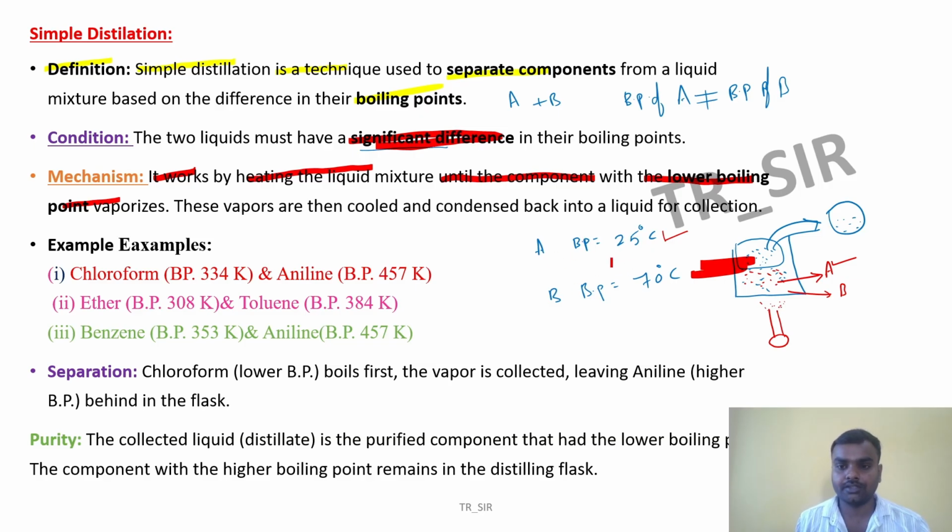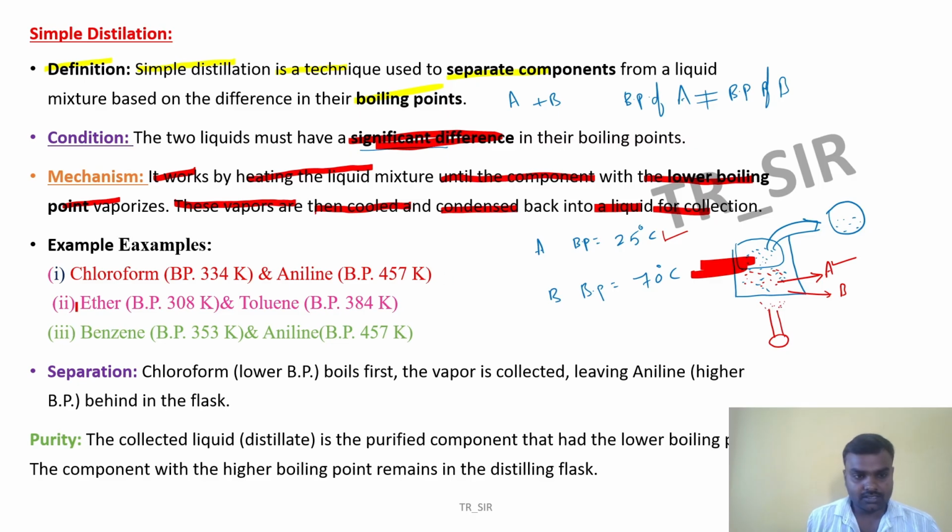When we start heating, the lower one starts boiling and converts into vapors. We then cool and condense those vapors into liquid for collection. That is simple distillation. Very easy to understand, right?